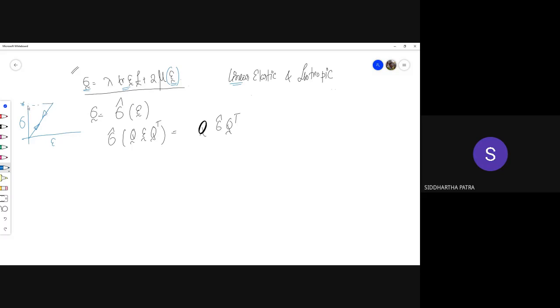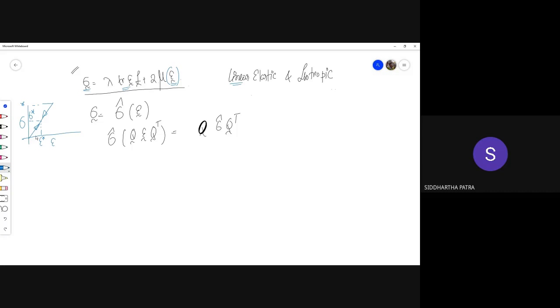None of that matters. So history doesn't matter, and for a given strain value you are always at the corresponding stress value, with all the 9 components of it.